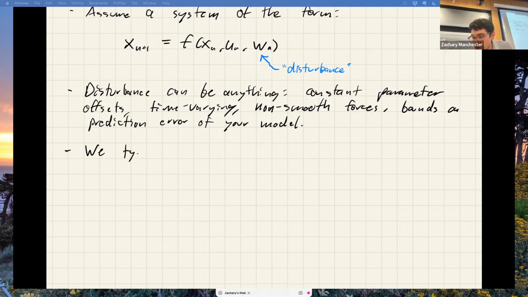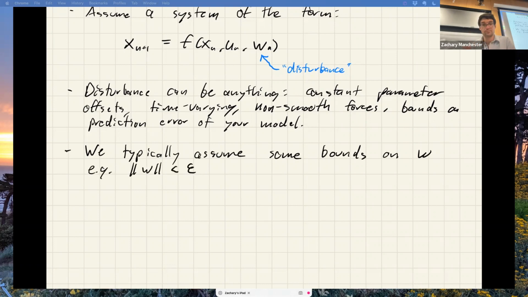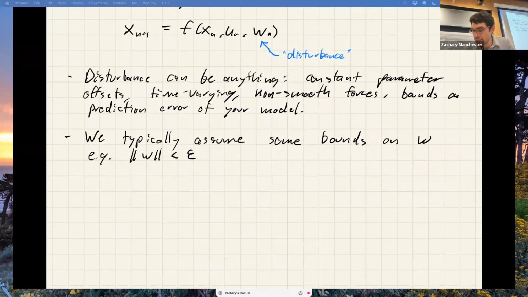So let's write that down. It's got to be bounded really to make any progress. So for example, bounded norm. Something like that. So that's the model, that's the context.